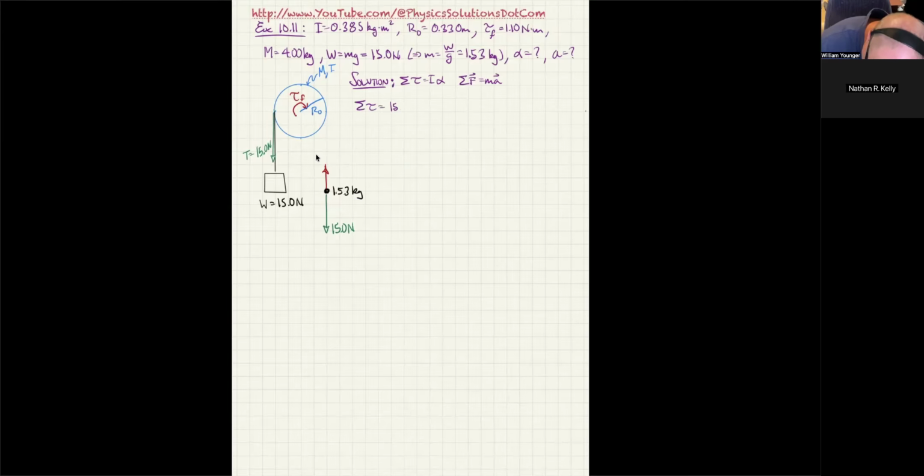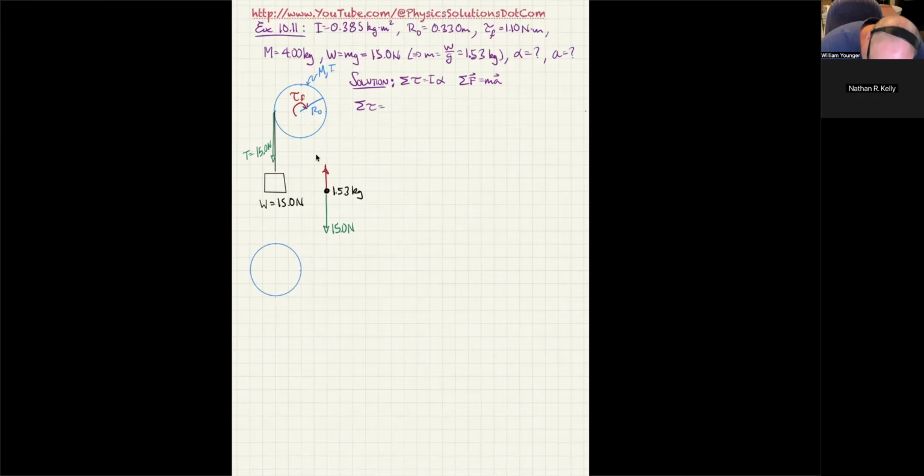Oops, excuse me, I almost did the same thing I did last time. We have to reconsider this pulley as a free body diagram for rotation. To do that, I'm going to try to draw it fairly neatly, using the tools that my program allows me.